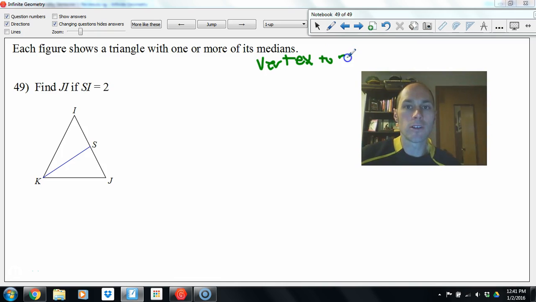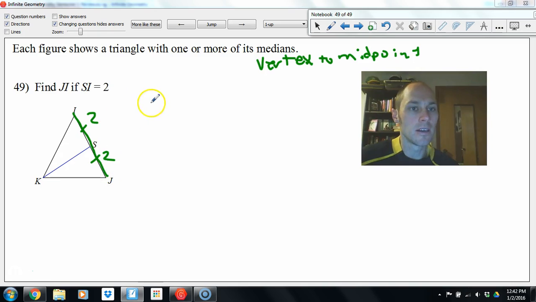So if it's going from vertex to the midpoint, I know that S is the midpoint. And SI would be congruent to SJ. Well, if SI is 2, means SJ is also 2. So JI would be equal to 4, it'd be the full length of that.